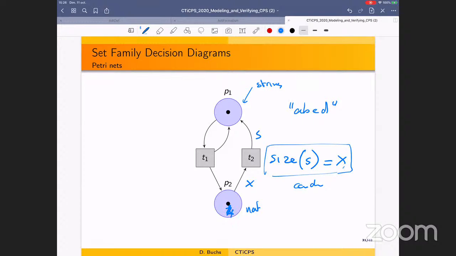So this will produce a string like that, but all possible strings can be produced. So it means that the marking graph, starting with 4 in the place P2, will produce all possible strings with a length 4. Okay. Yeah, true. I understand.